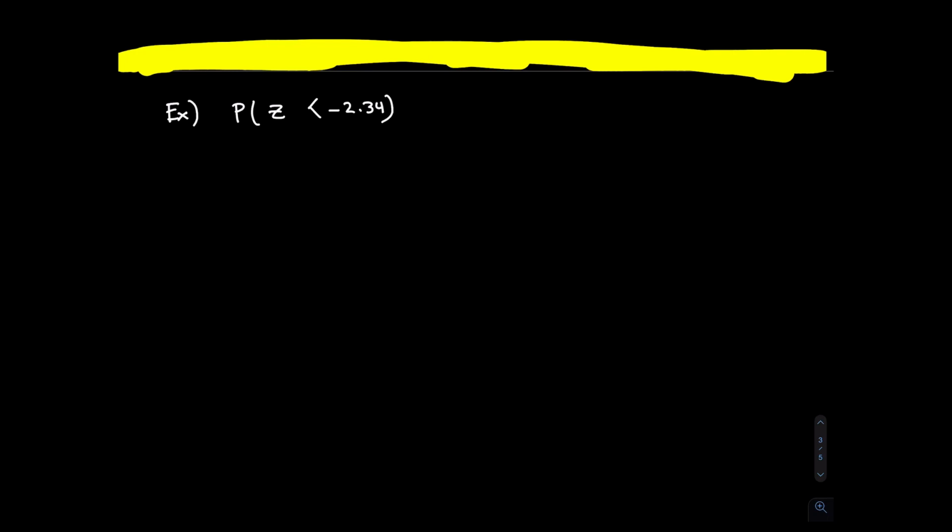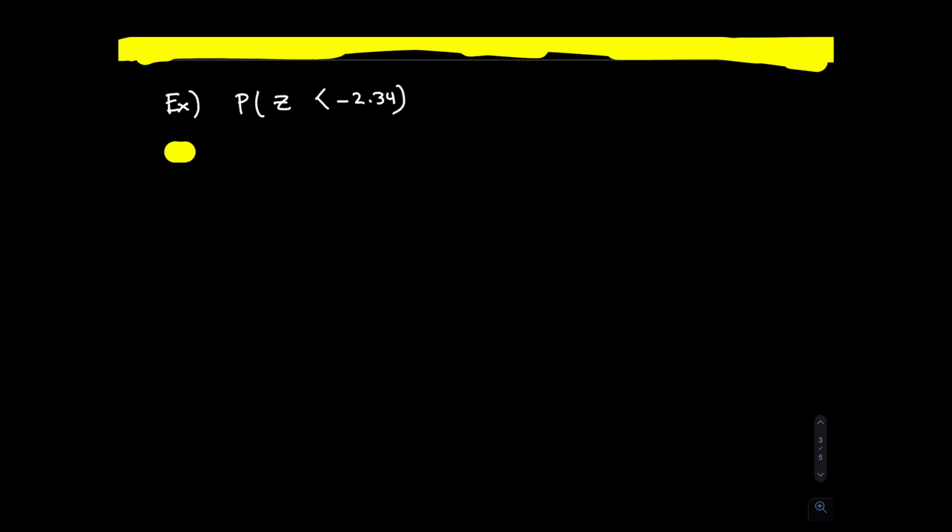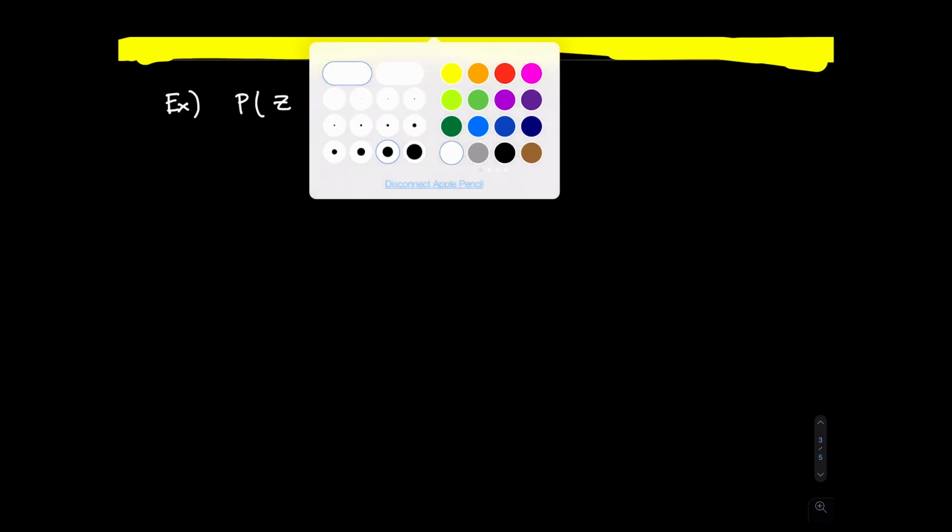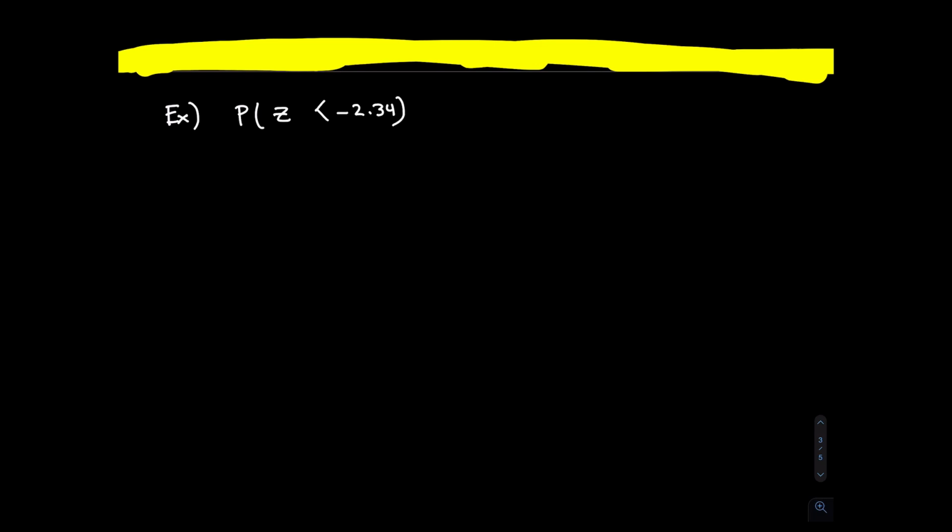Now here, you could look at this and say, okay, I'm trying to find z less than, so this is the natural case for Excel, so I don't need to worry about 1 minus. So my command will be equal to norm.s.dist negative 2.34 comma true, or cumulative.